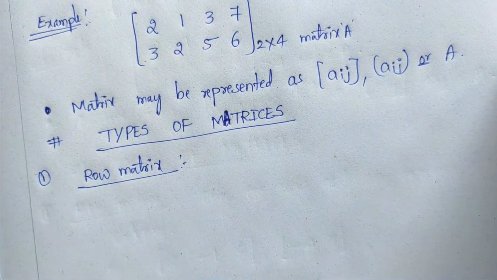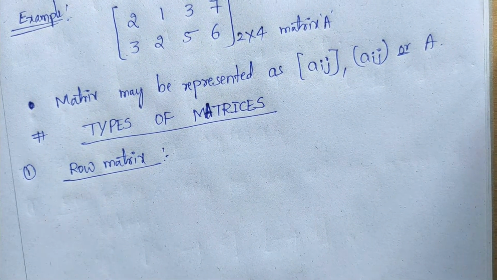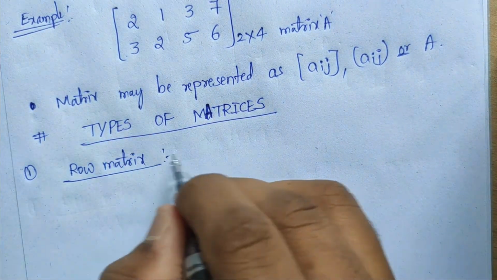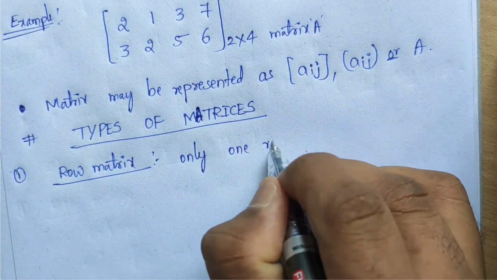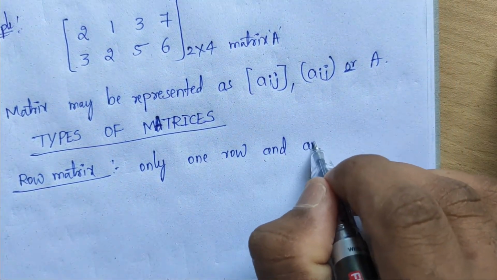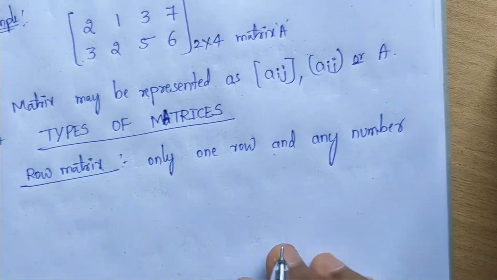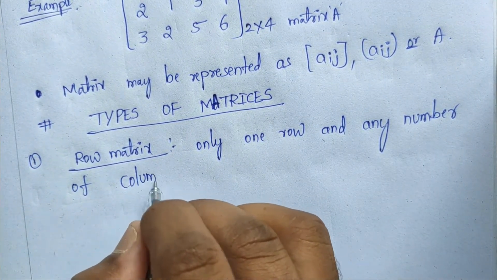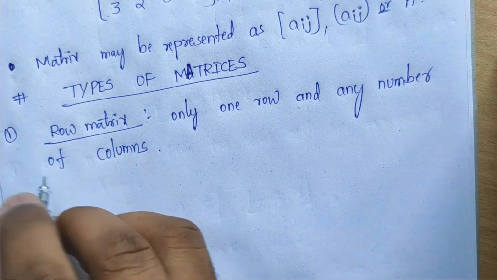Row matrix: only one row and any number of columns is called a row matrix.